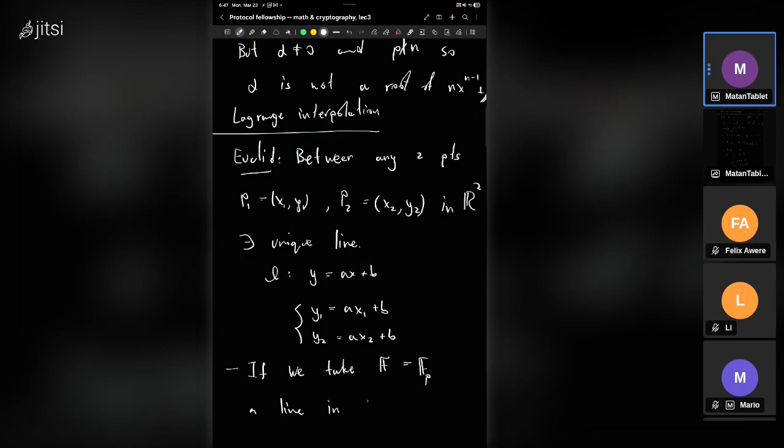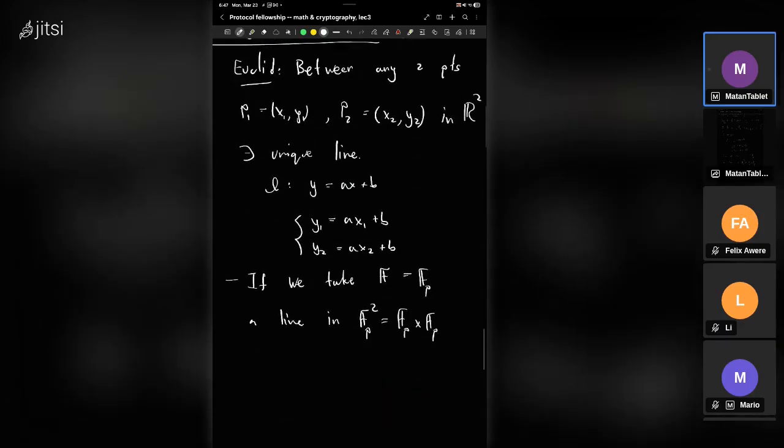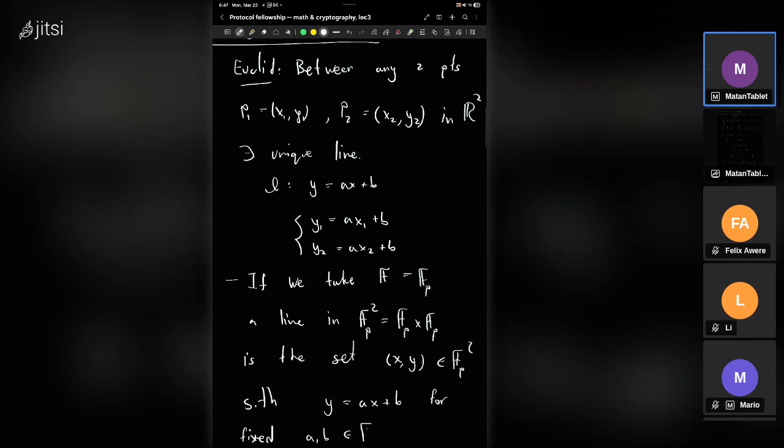In the Fp plane, this is Fp square, is the set of (x, y) in Fp square such that y equals ax plus b for some fixed a and b in Fp.